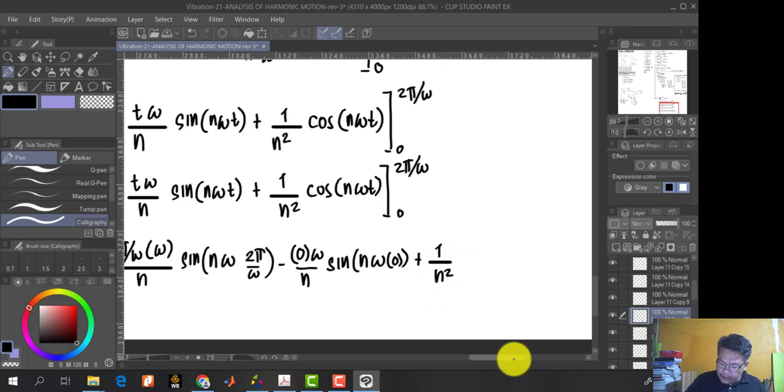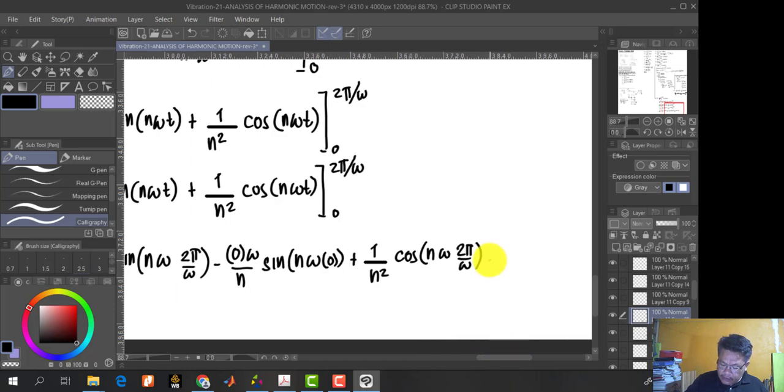And then we have your cosine. So cosine, then we have your n angular, and also the value of t, that will be 2 pi angular. So that will be t, 2 pi angular, and minus this.